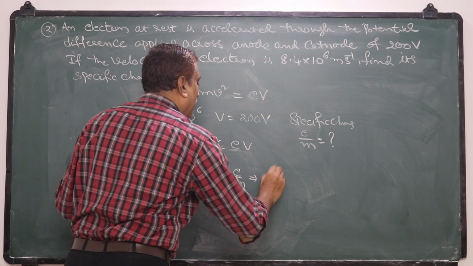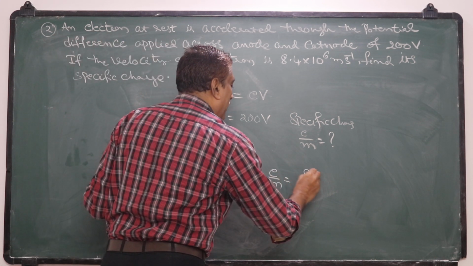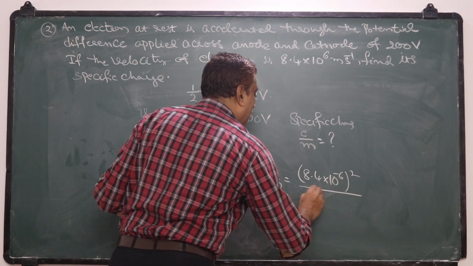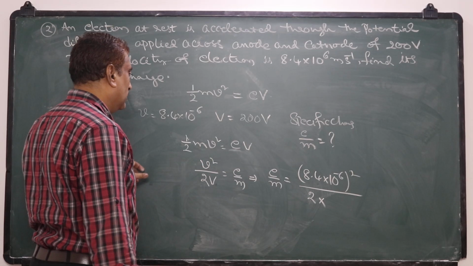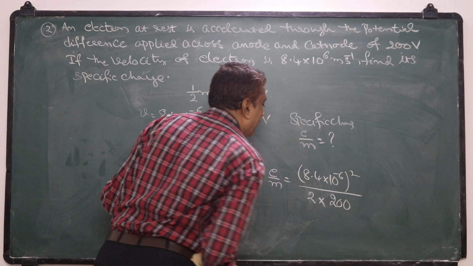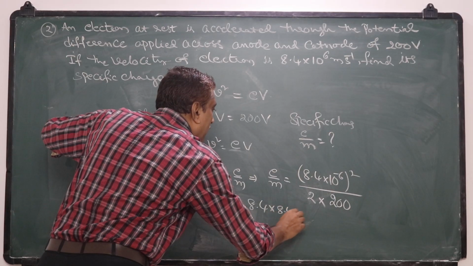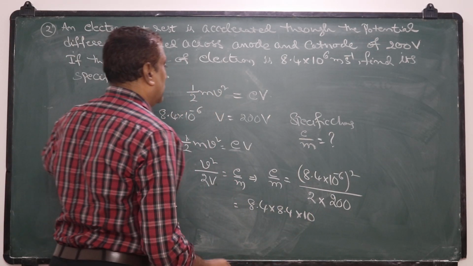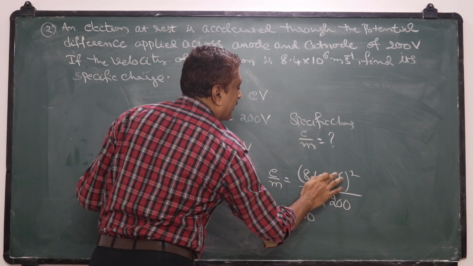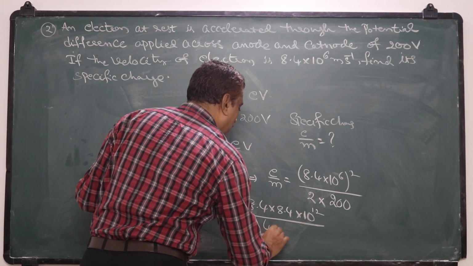That implies e by m is equal to, now substituting this v and V here, 8.4 into 10 power 6 whole square divided by 2 into 200. That is 8.4 into 8.4 into 10 power 12 divided by 400.